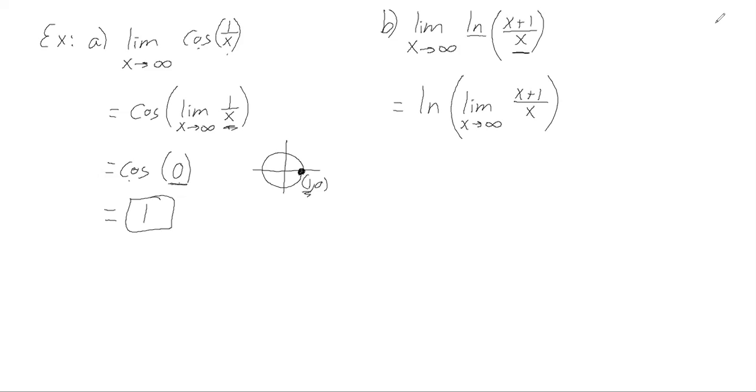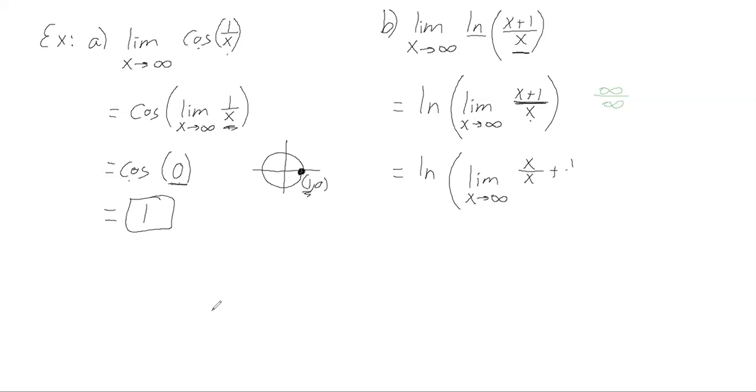Now, what happens if I try to evaluate this limit right here? I get like infinity over infinity, basically, right? That's indeterminate. Remember, we cannot determine what that is. So what do we do in this case? As we approach infinity of a rational, didn't we divide the numerator and denominator by the highest power of x in my denominator? So let's do so. I'm going to have the limit as x approaches infinity, and we're going to divide x by x.